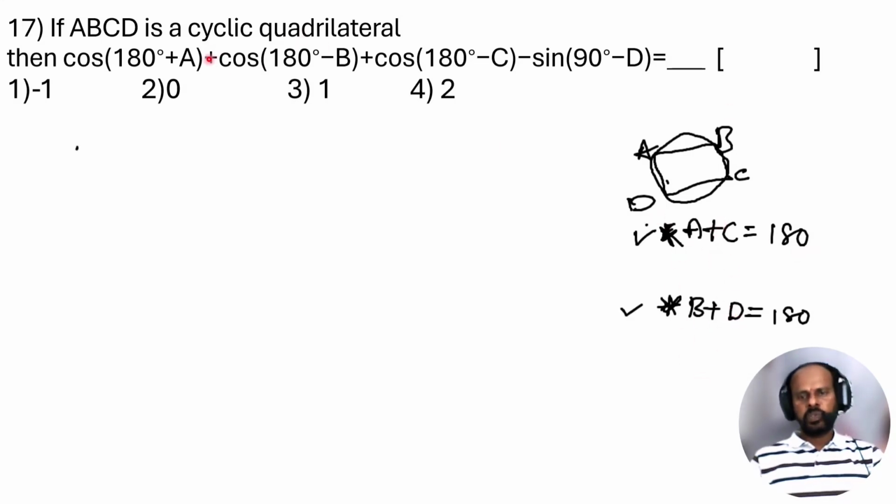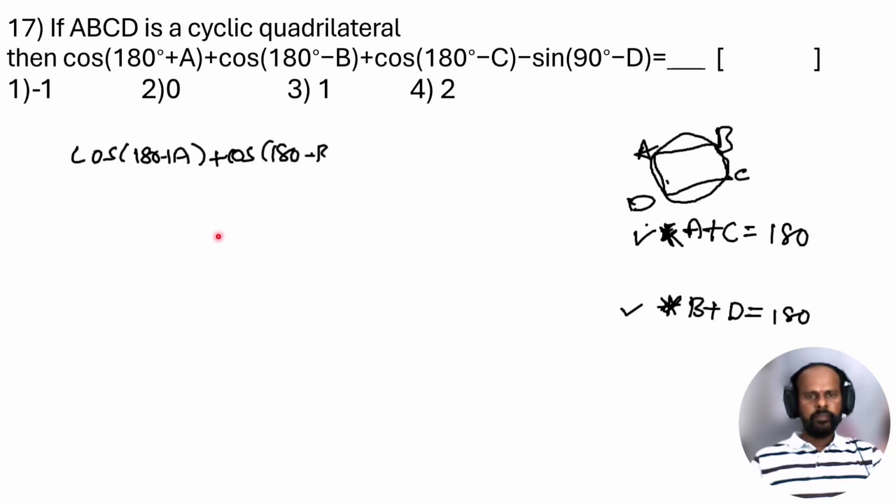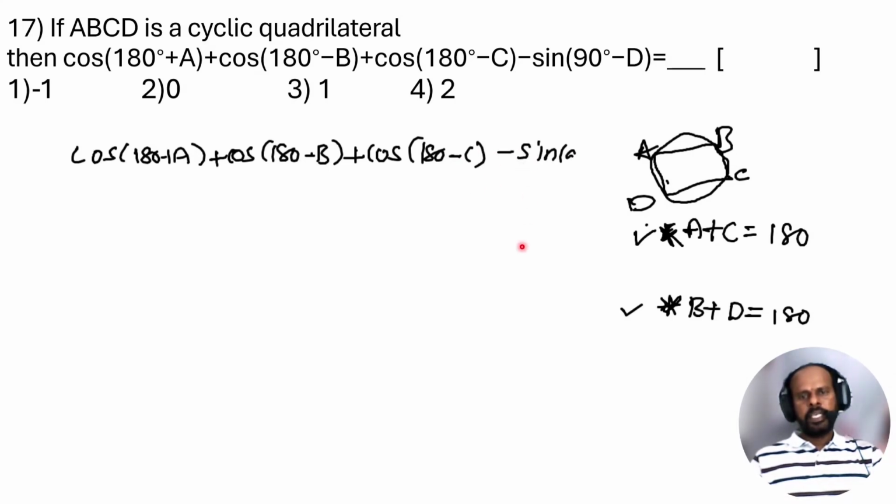Okay, so let's start. What is given: the first term is cos(180 plus A), the second is cos(180 minus B), the third is cos(180 minus C), and next minus sin(90 minus D). These are the given terms in the question. Now cos(180 plus theta) is in the third quadrant, so in the third quadrant cos is minus.